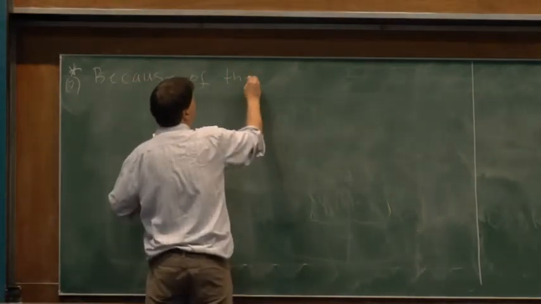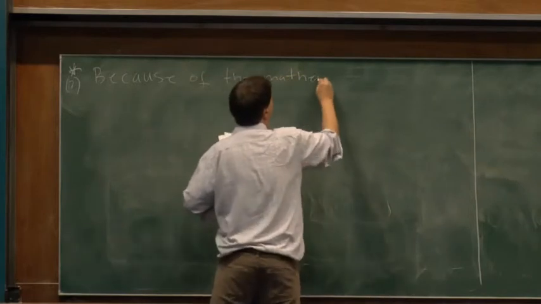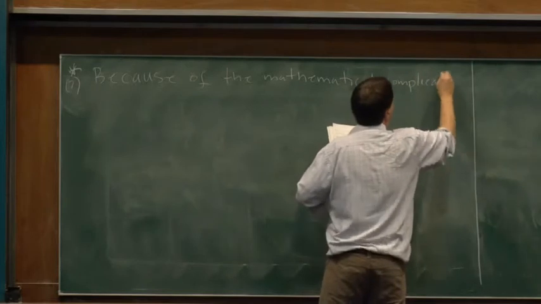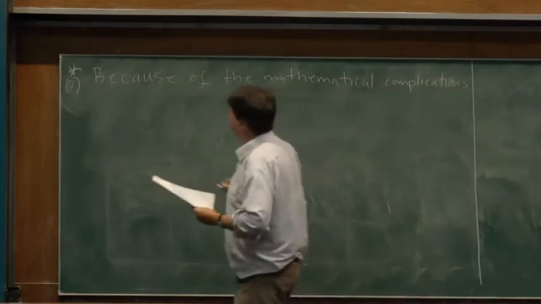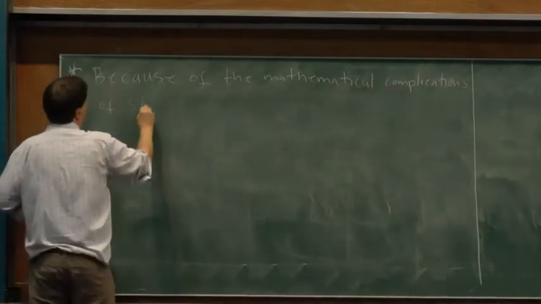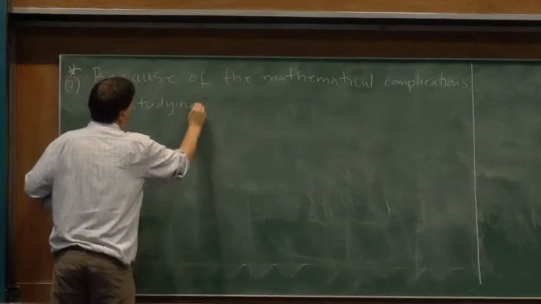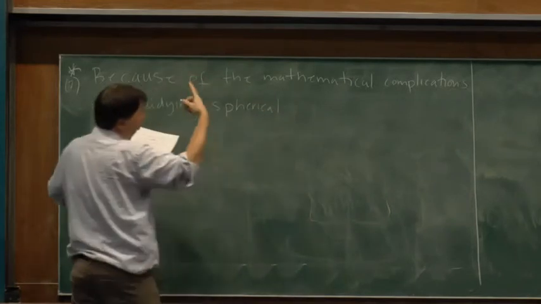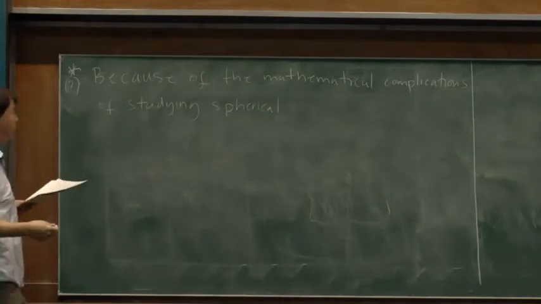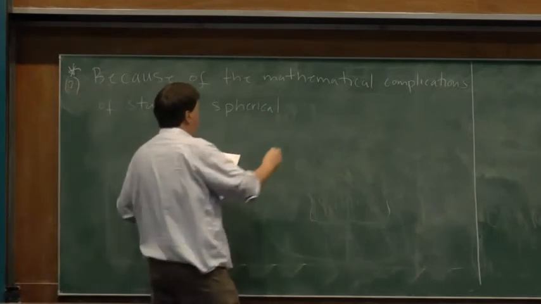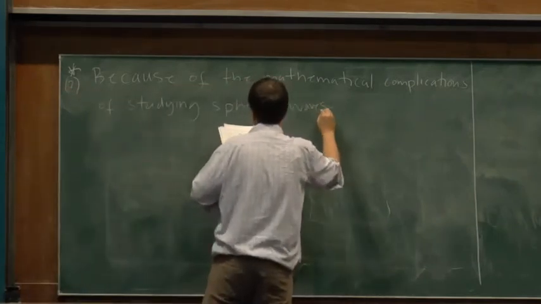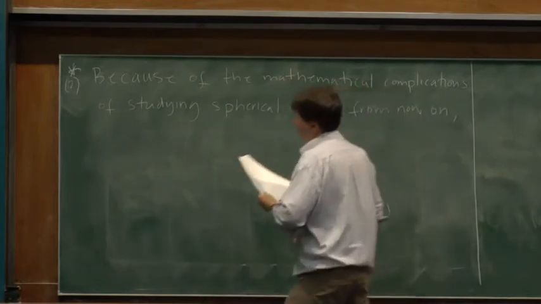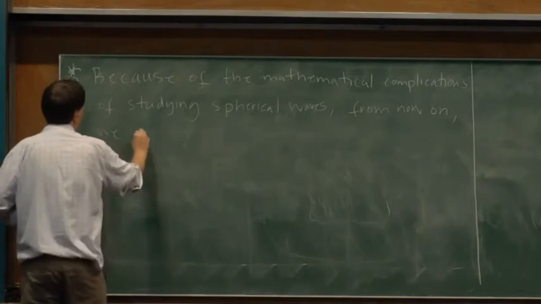Because of the mathematical complications of studying spherical waves, we've got the directionality problem, and we've got the 1/r decay, which causes distortion and loss of amplitude of the wave. Because of those complications, from now on we will study mainly plane waves.